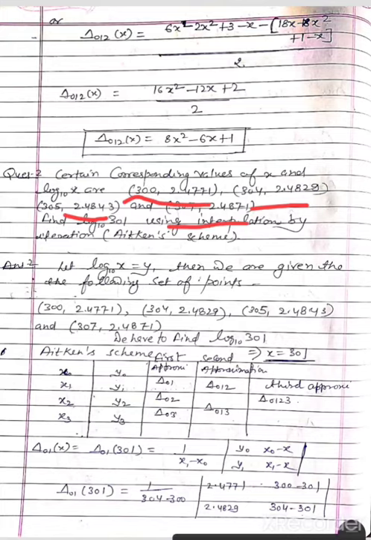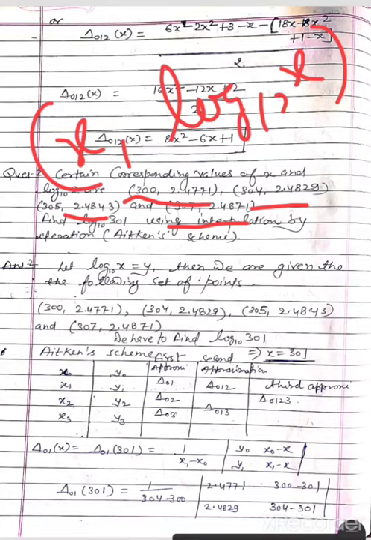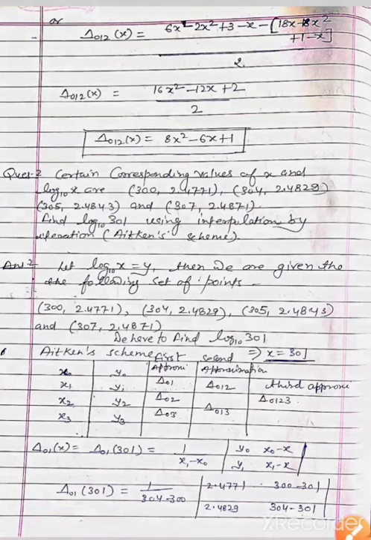These are the 4 points related to the values of x and log10 x, and we have to find the value of log 301 at the base of 10 using interpolation by iteration or Aitken's method.